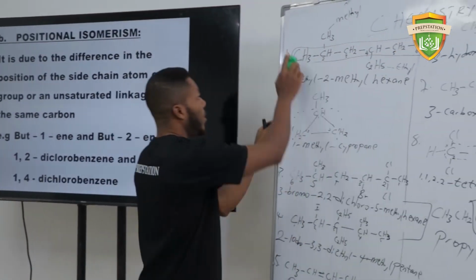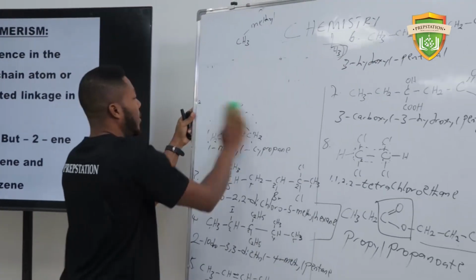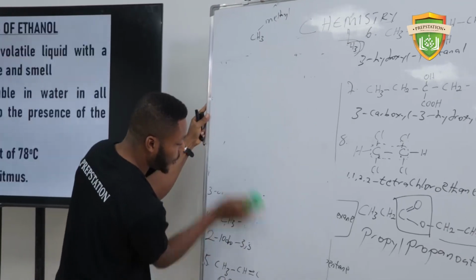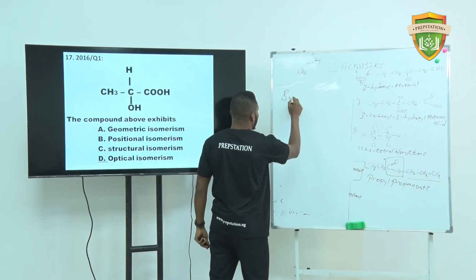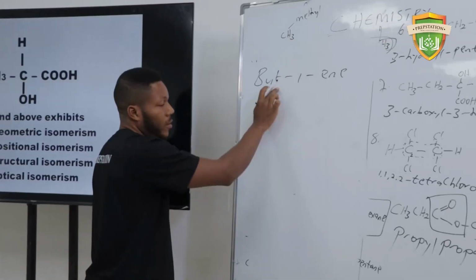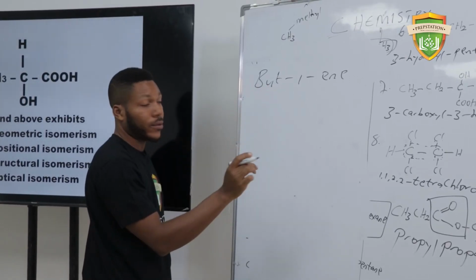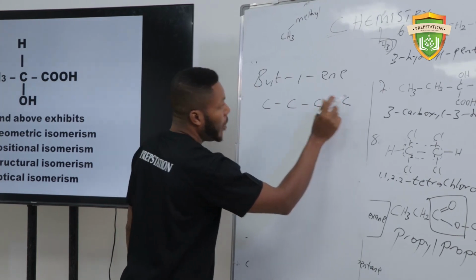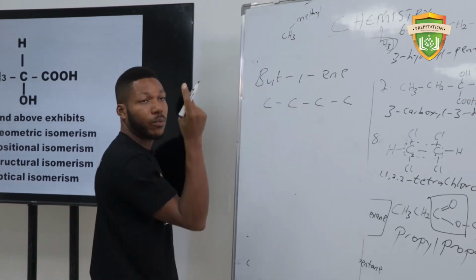I think I can clean this to have space. It's just a shift in the functional group. But-1-ene: but is the parent with 4 carbons, 1, 2, 3, 4.